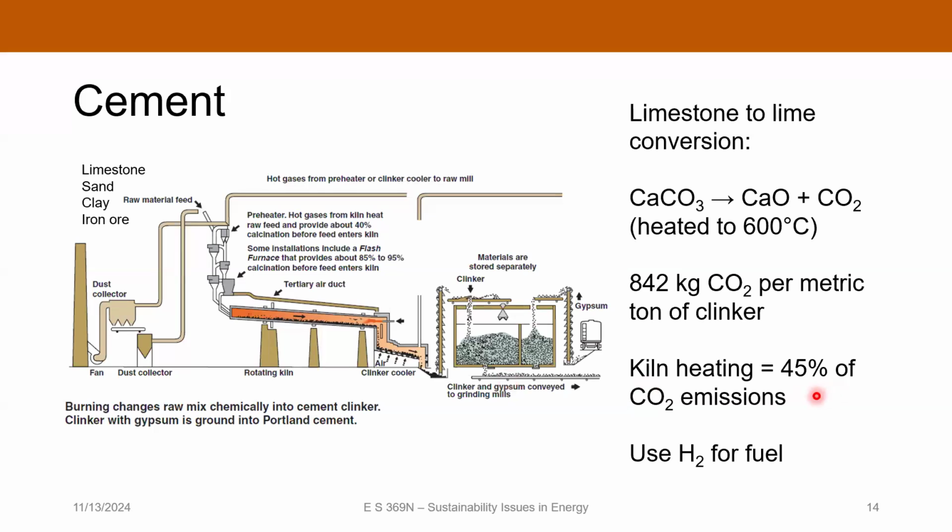That's about 45% of that 842 kilograms. So if you use hydrogen to heat your kiln, there goes 45% of your CO2 emissions. And then maybe you can capture the rest, or something like that.